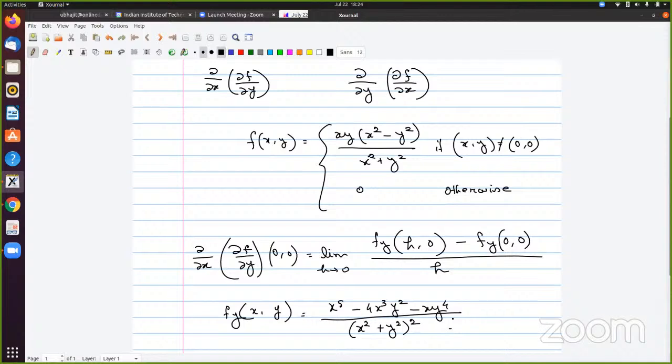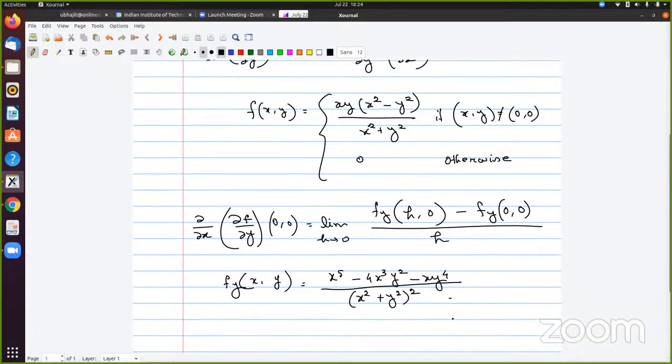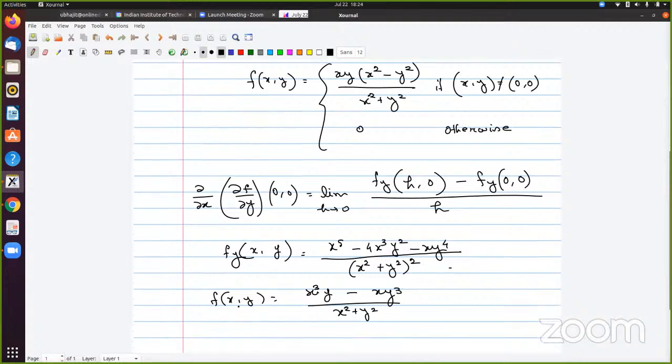Okay, so basically we have to differentiate this function. When (x,y) is not the origin, we are differentiating with respect to y, right? So our function is this one, (x cube y minus x y cube) by (x square plus y square), correct? So we have to differentiate with respect to y.